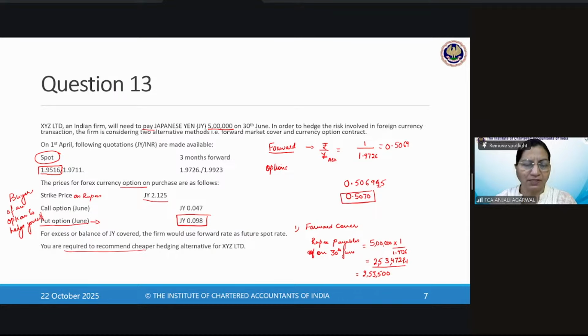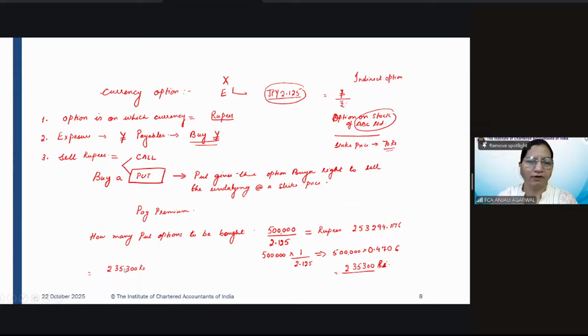Selling rupee means you need to have a put option. So when you are selling rupee, you need to sell how many rupees? 500,000 divided by 2.125. So you get a contract for selling 235,300 rupees, and you will end up getting 500,000 yen to be able to make the payment.